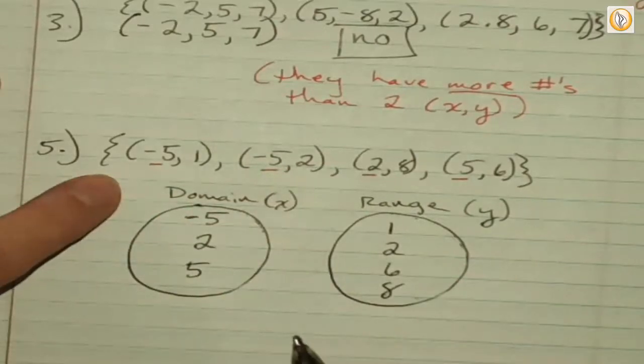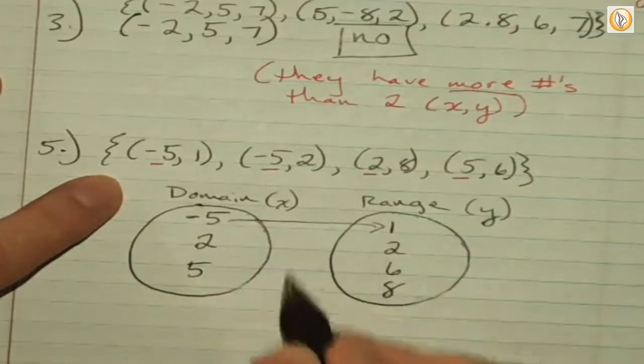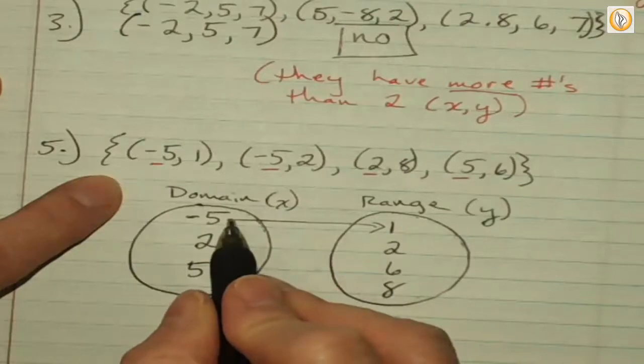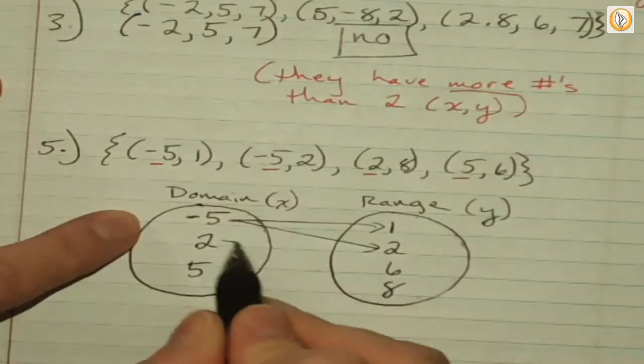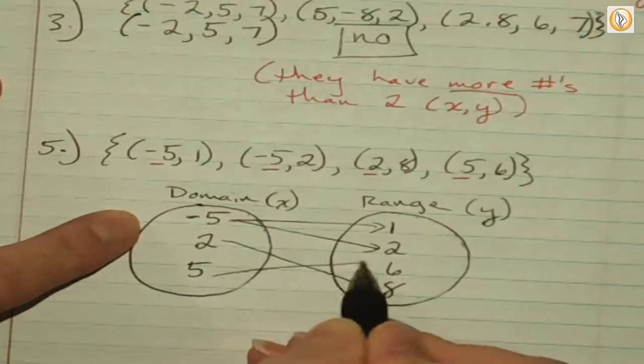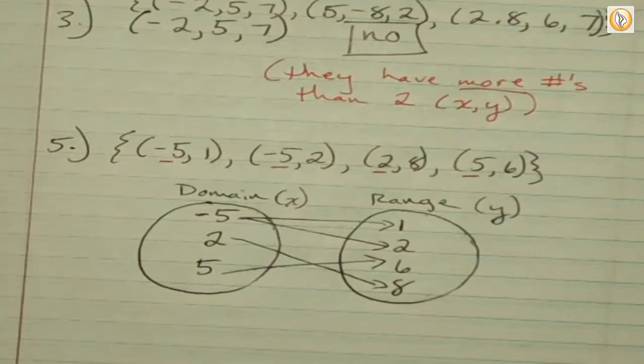And then, Franz, we just connect them with arrows. This is -5 to 1, -5 to 2. And see how I use that -5 twice? 2 to 8, and then 5 to 6. You probably remember this from last year. Now, that's how you do your mapping.